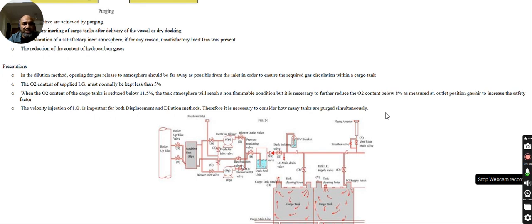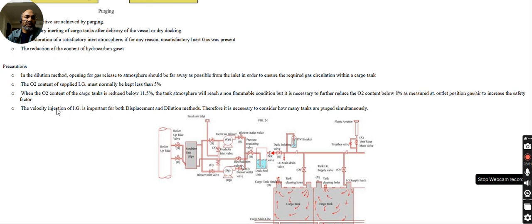For the displacement method, you cannot give a very high rate. Otherwise, it will mix with the hydrocarbon and the purpose will not be served. So in both cases you have to think about the inlet rate, the velocity of injection, and take it into account.